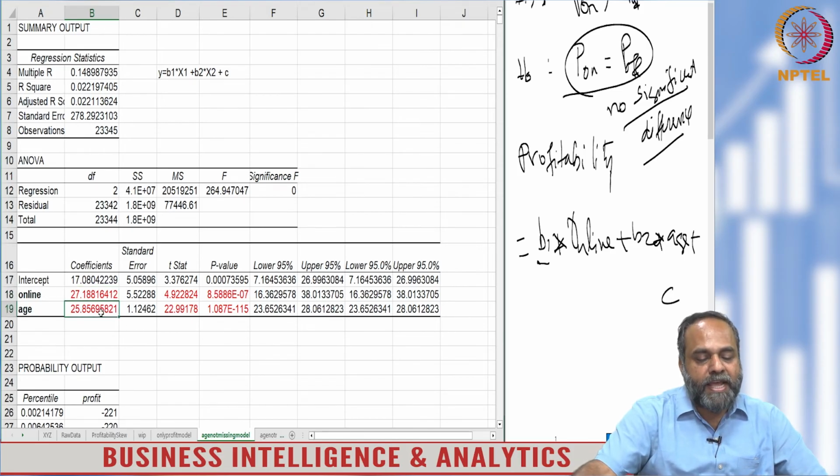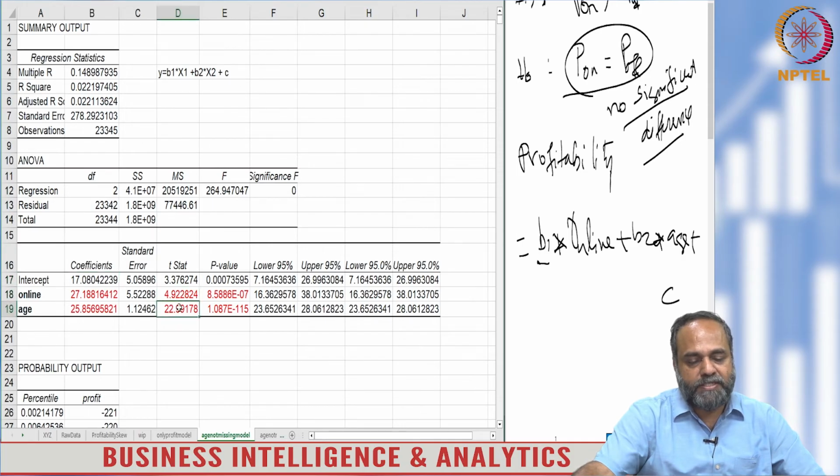And you can see that age has a coefficient of 25.85, online has a coefficient of 27.18, and the intercept value is 17.08. Now, the interesting point to notice here is that when I added one more variable, which is age, the t statistics have changed and so have the p values. What do you see here?